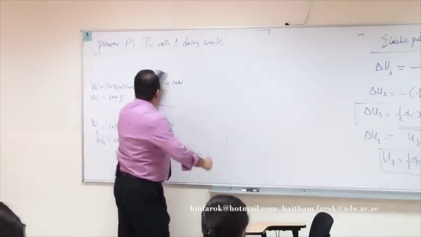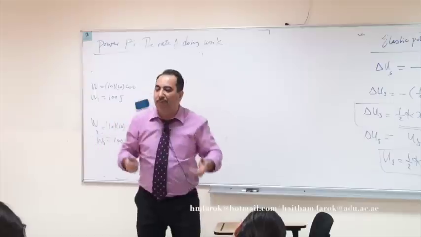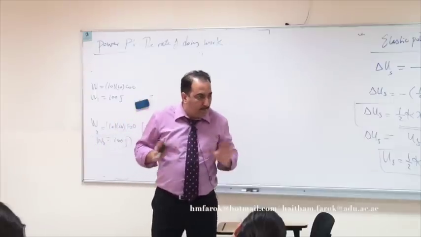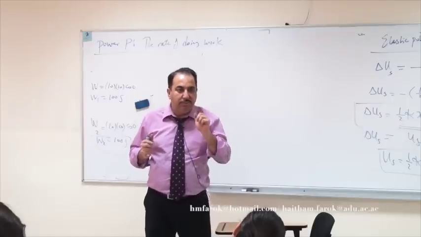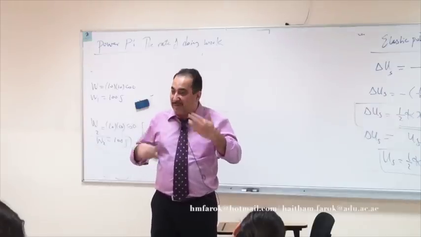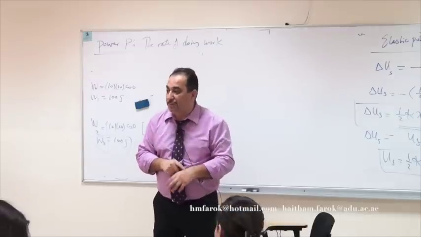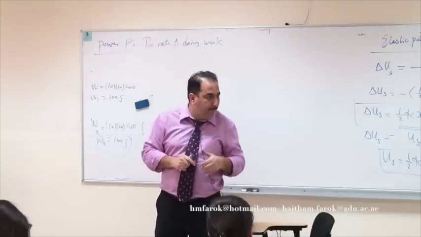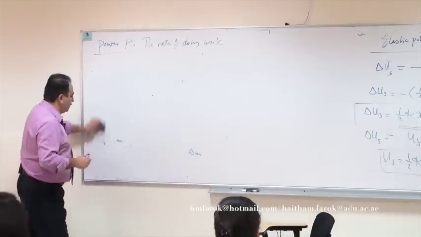So if you have 2 machines that do the same job for you, the same work, how do you distinguish between those 2 machines? You see which one can do the same job faster. Faster doesn't mean the speed, it means shorter time. So according to this definition, what is power?